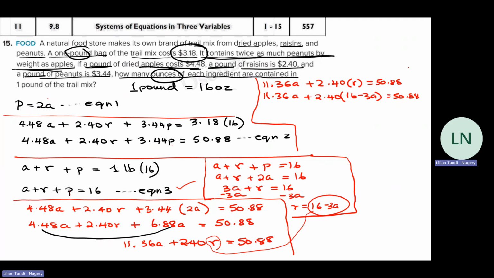Why did I put a bracket here? Then I will do the distributive property. I will get 11.36A.